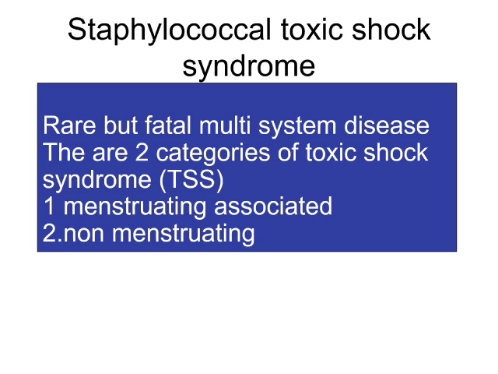So, the staphylococcal toxic shock syndrome is a rare but fatal multisystem disease. There are 2 categories of toxic shock syndrome. The first one is the menstruating type, and the second one, the non-menstruating type.